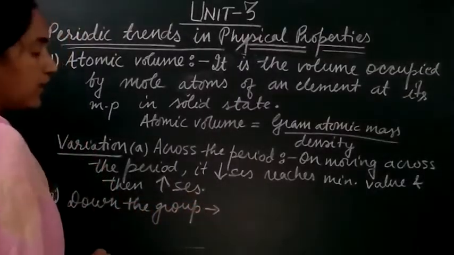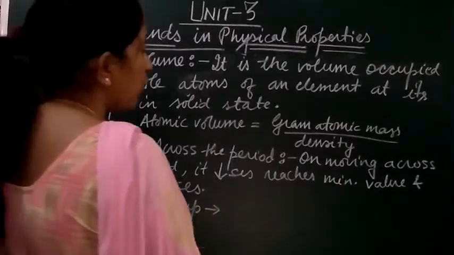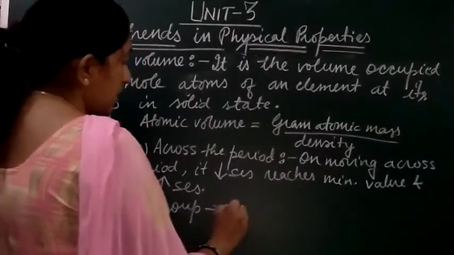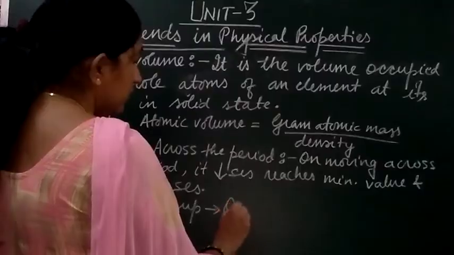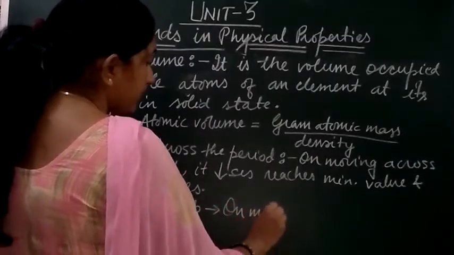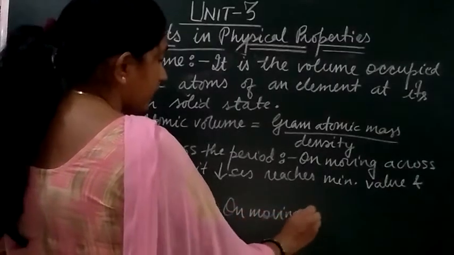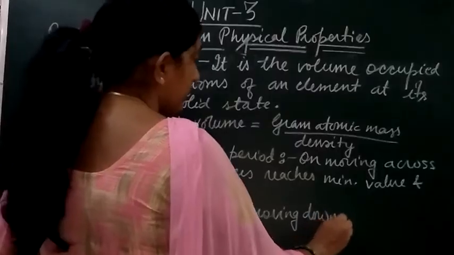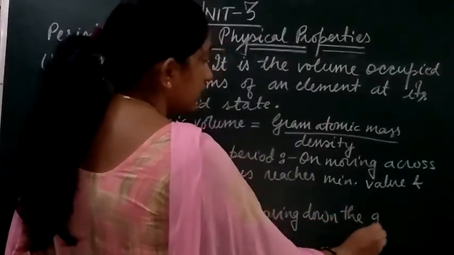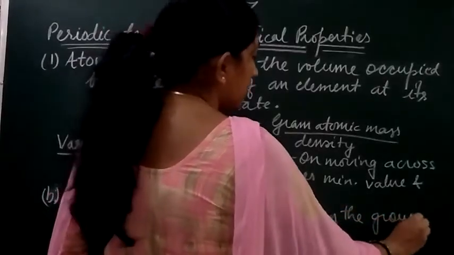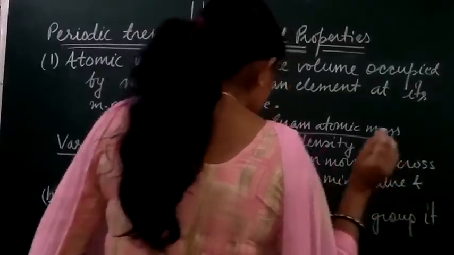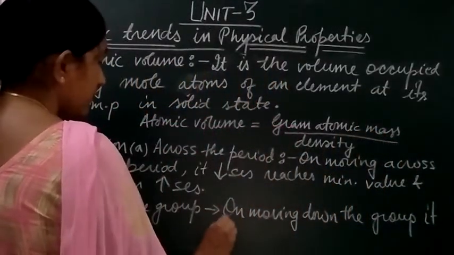On moving down the group, the atomic volume increases.